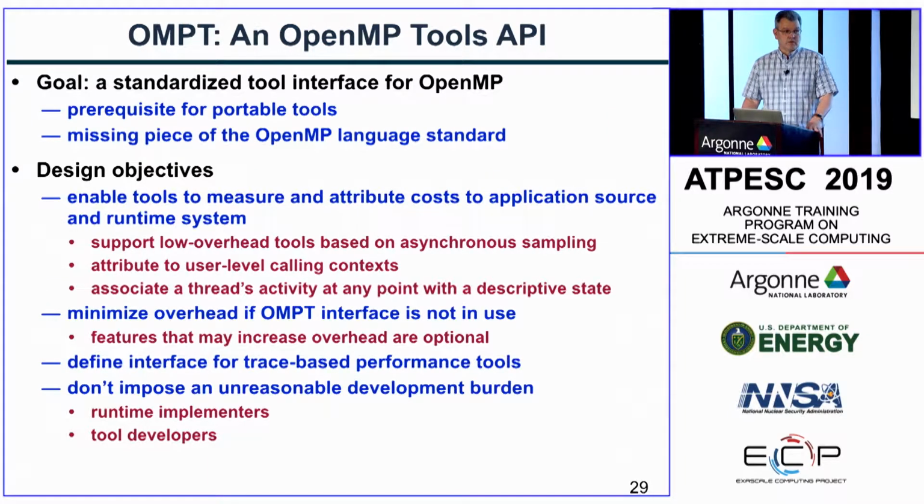The design objectives for this interface were both to provide some assistance for tools and give us some information that we couldn't get otherwise, but also, if the vendors were actually going to accept it, it had to have essentially zero overhead if it was turned off. We worked pretty hard on defining this interface, and for OpenMP 5, the interface was announced in November.